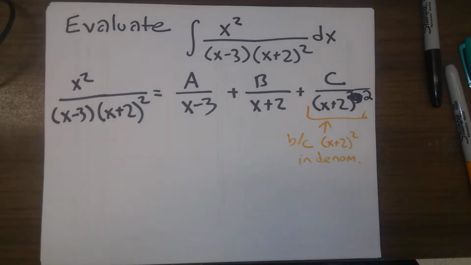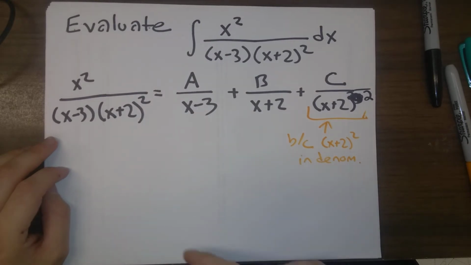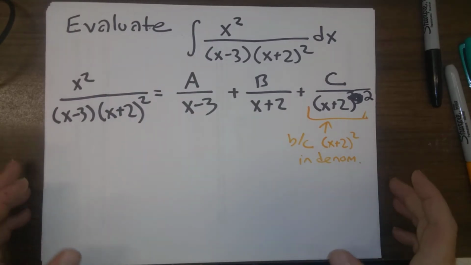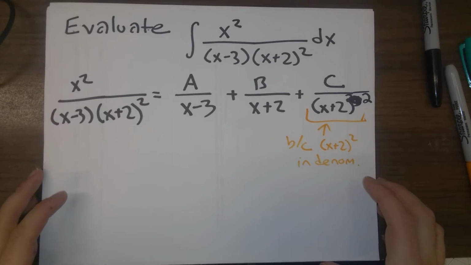Okay, so just as in our previous problem, the first step is to clear out the denominators, multiply by (x minus 3) times (x plus 2) squared.